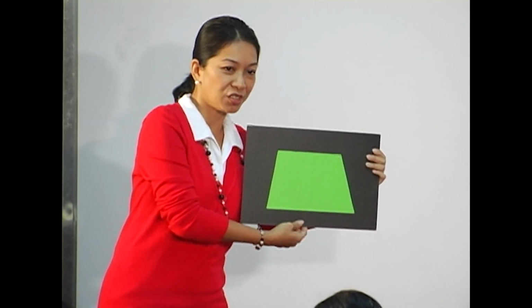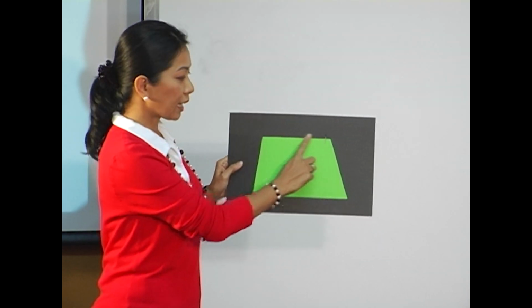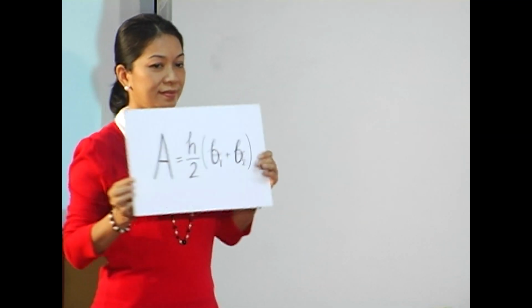Who remembers? Jonalyn again? The area would be base 1 plus base 2 times height divided by 2. Okay, you'd have the first base, the second base, times the height, all over 2. Yes.